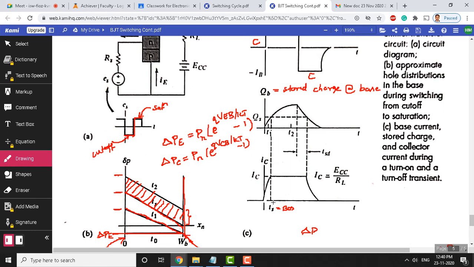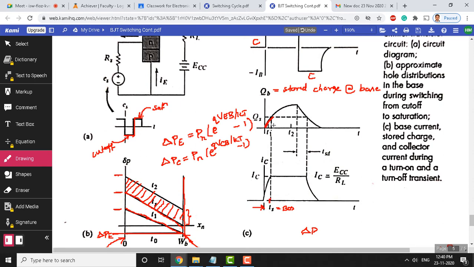Before 0 you can see this is the timing. Prior to that it is cutoff and you are moving from cutoff to saturation by applying the emitter base voltage. So, the current starts increasing, the charge graph starts increasing, and T S is the beginning of saturation.